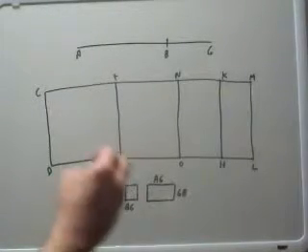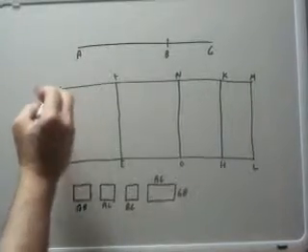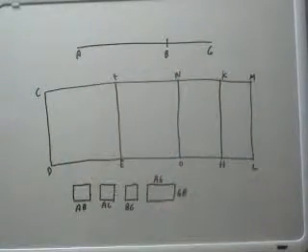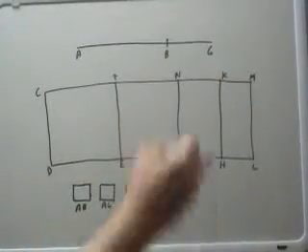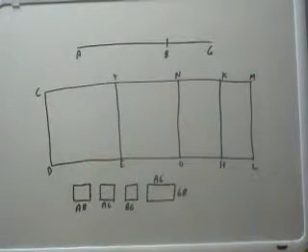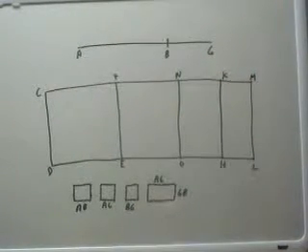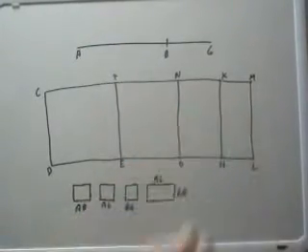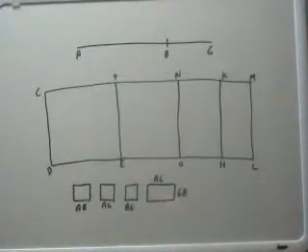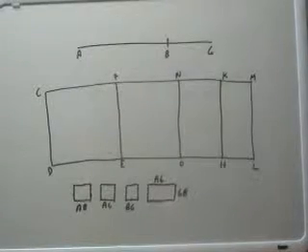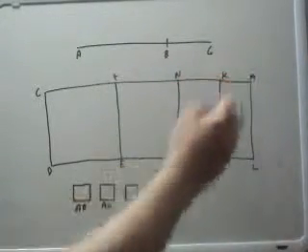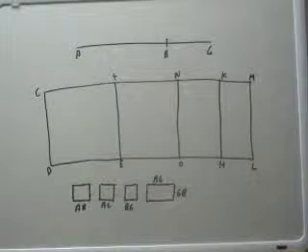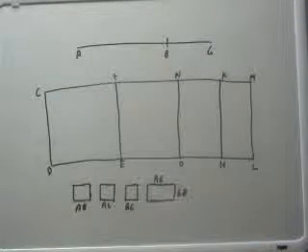What's CK? That's line CK right across here, and NM is this line right across here. And as NL is to KL, as this is to just this by itself, so is NM to KM. This is by Euclid Book 6, proposition number 1.